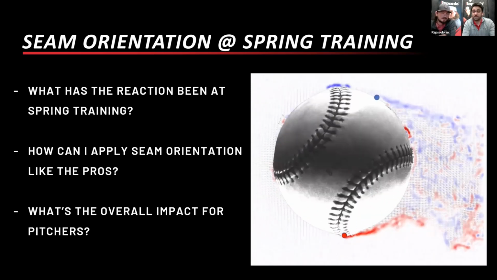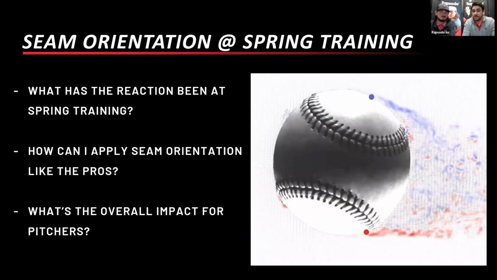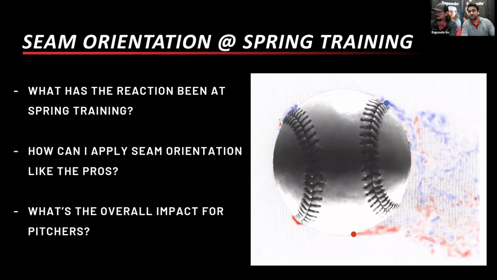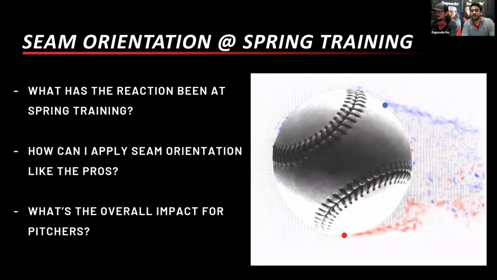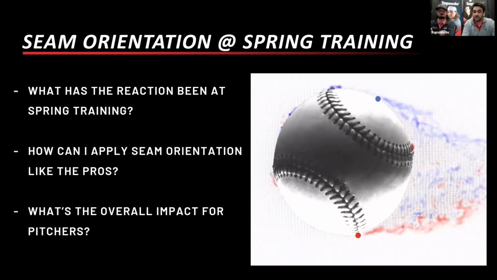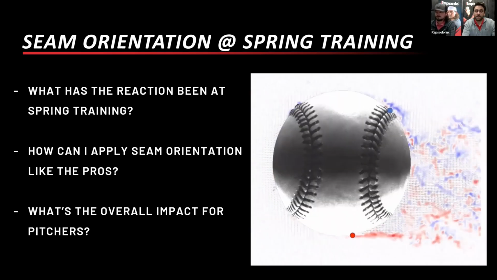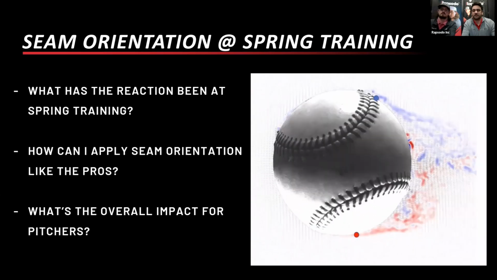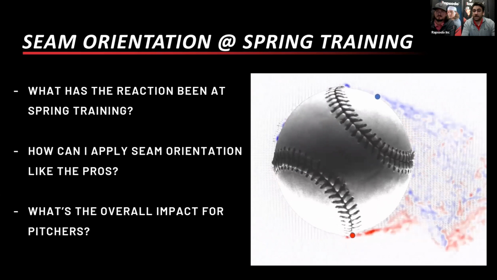Right. And just to add to what Brian just said, the reason why there's not a cookie cutter number for seam orientation, latitude, longitude that we can give you for any given pitch type is because it all goes back to the fact that seam orientation creates seam shifted wake. And the seam shifted wake effect is a function of a lot of different things. Some of those are velocity, spin rate, and ultimately what's important is the position of seams relative to the direction of travel.